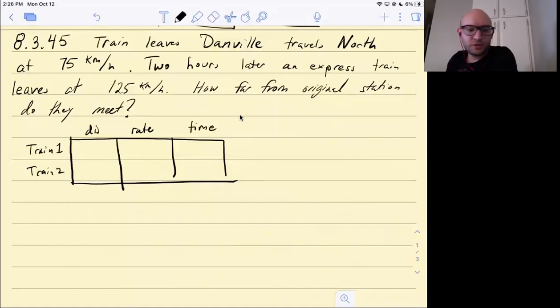Okay, what's something super easy we can fill in with this problem? What do we know about the first train for sure? Nice, yeah, nice, Archer. We know the rate, right? So this first train is 75 kilometers per hour, and you can just put in 75. And in fact, we also know it for the second one.